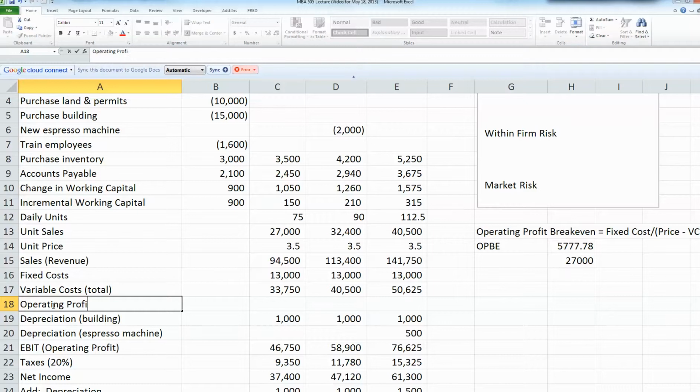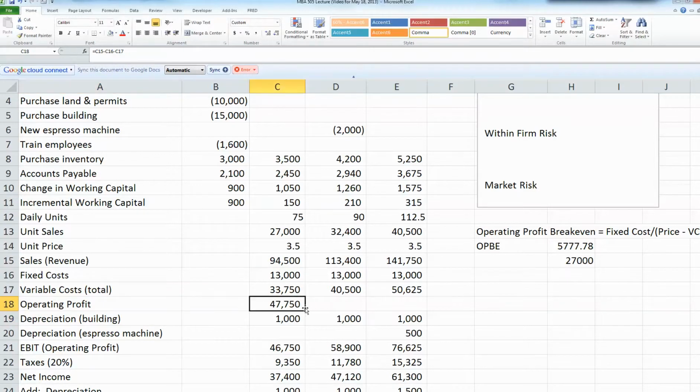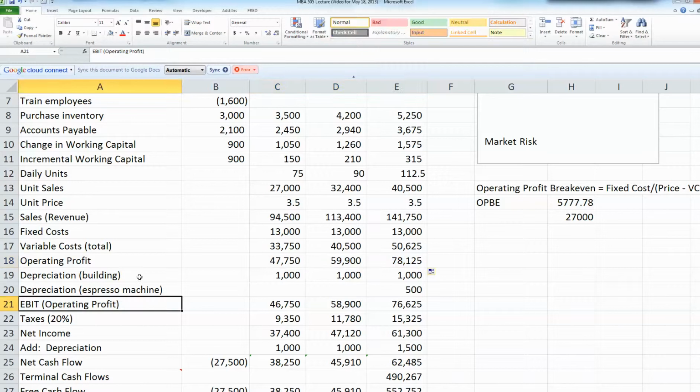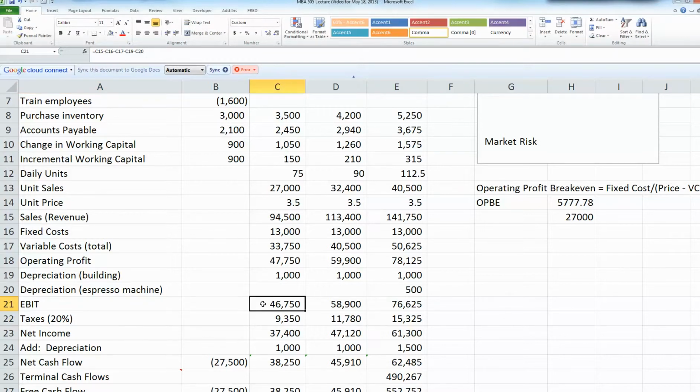So operating profit would be my sales minus my fixed costs minus my variable cost. And then EBIT, which is just earnings before interest and taxes, but after deducting depreciation, I will just call EBIT. And that formula doesn't change, it's fine.